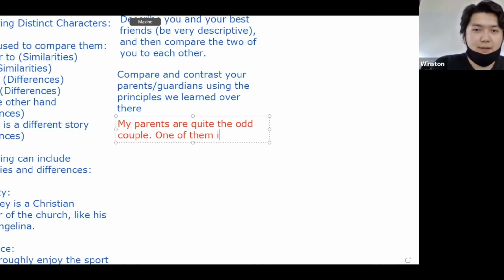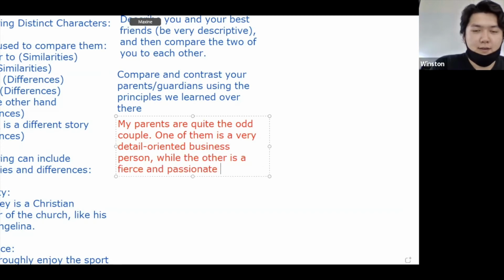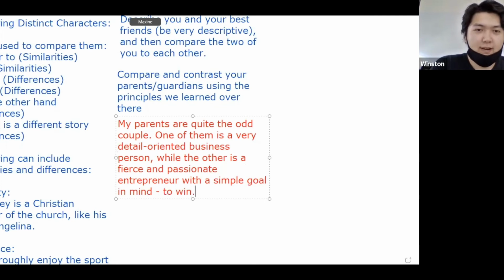One of them is a very detail-oriented business person, while the other is a fierce and passionate, I would say, entrepreneur with a simple goal in mind, to win.